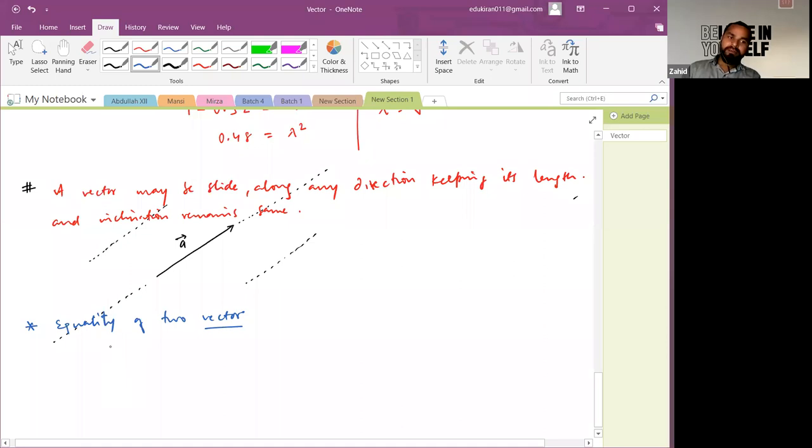So if the magnitude of the first vector equals the magnitude of the second vector, and the direction of the first vector is along the direction of the second vector, where direction is represented by a unit vector, and these two terms are equal, then we can say the two vectors are equal. So for equality of two vectors, they must have the same magnitude and they must be along the same direction as well. Is it clear?